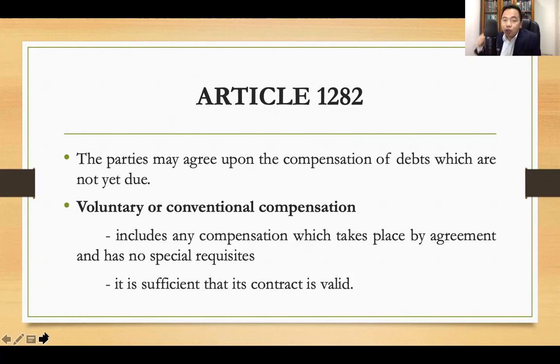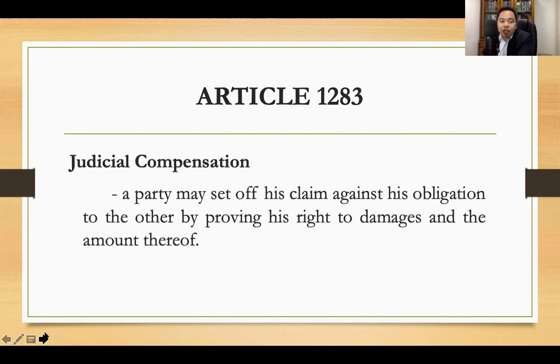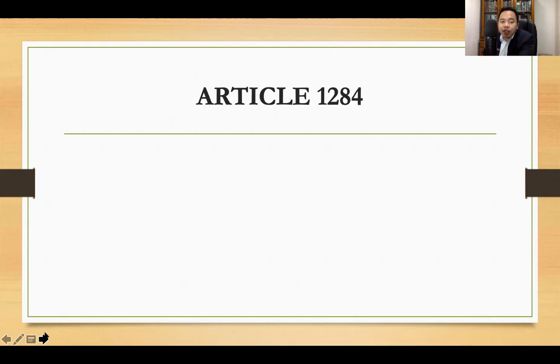By operation of law, the obligation is extinguished. But if the requisites of legal compensation are not all present, then the parties can still agree, but it is no longer legal compensation, but this time only voluntary or conventional compensation. Judicial compensation. It is the setting off of a claim between the parties in a litigation.